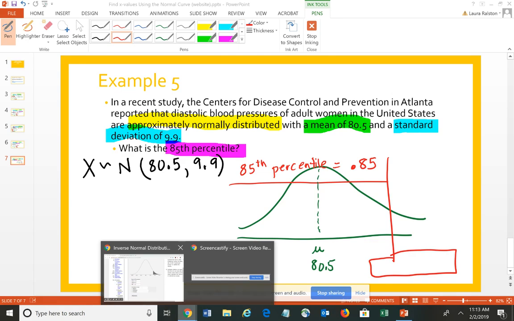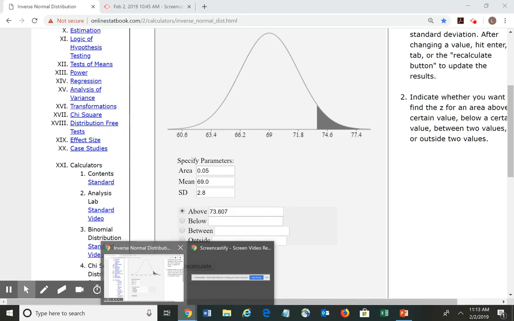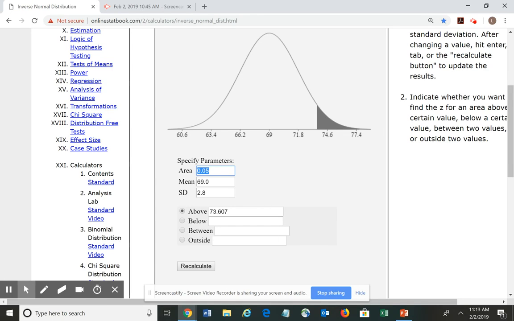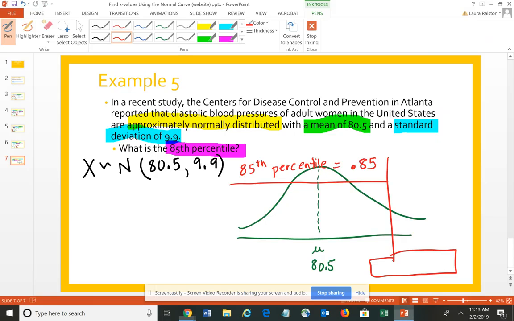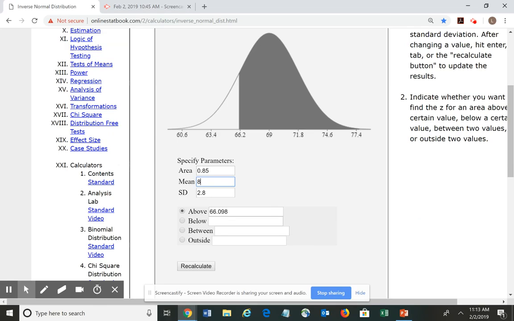Going out to our website, in this case we want 85%. My mean was 80.5. My standard deviation is 9.9, and I've got to be below, by definition of the 85th percentile.